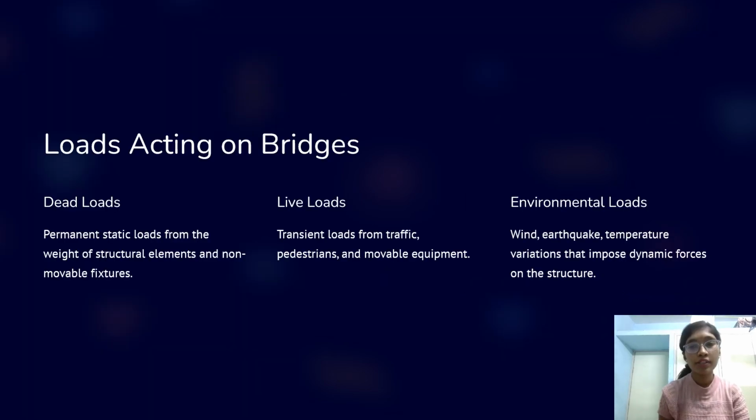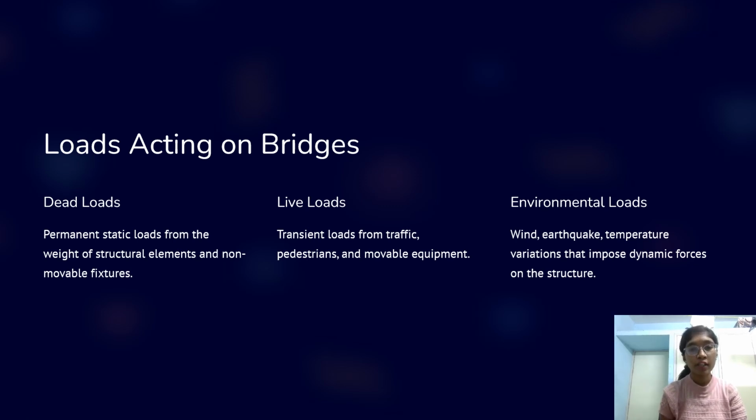Loads acting on bridges. There are three loads acting on bridges: dead loads, live loads, and environmental loads. Permanent static loads from the weight of structural elements and non-movable fixtures are known as dead loads. In dead load, we take the example of non-moving components or materials that stay stable at one position.